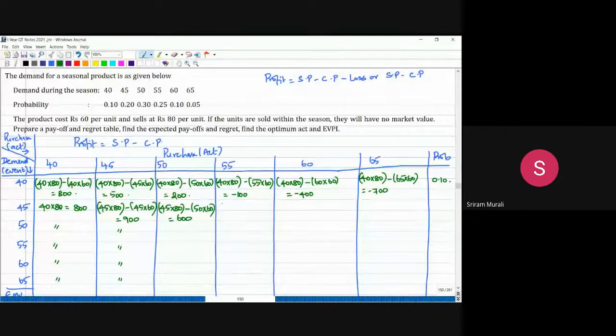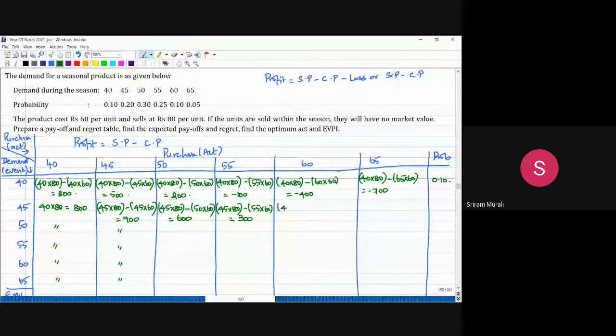In the same way, 45 into 80 minus 55 into 60 is equal to 300.